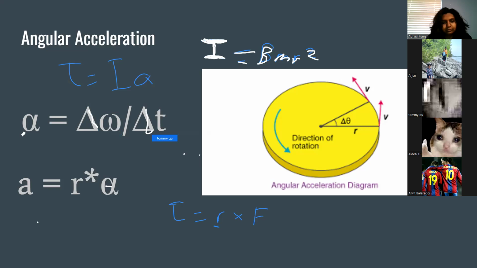Any questions about torque? This is the better definition. This is more just a law that relates it to two other quantities.